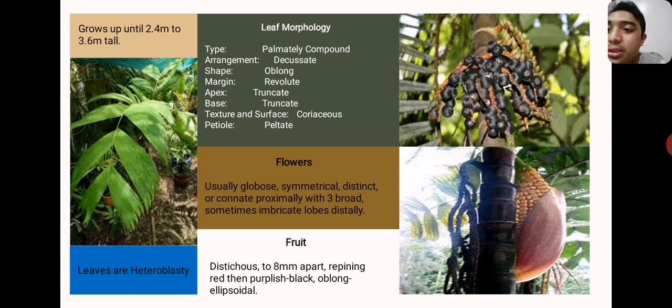And the fruit is deciduous, ripening red and purplish black, oblong, ellipsoidal. The leaves are heteroblastic.